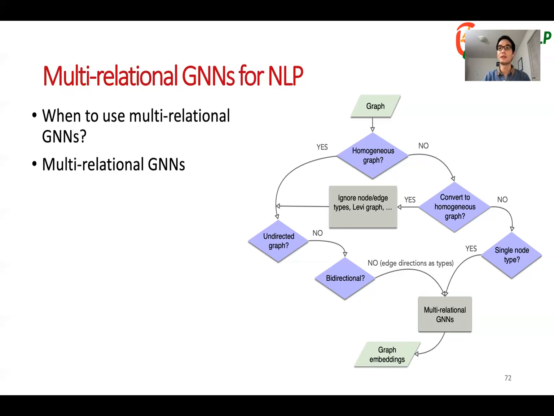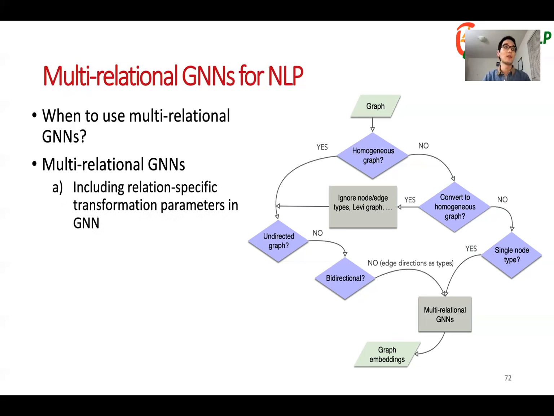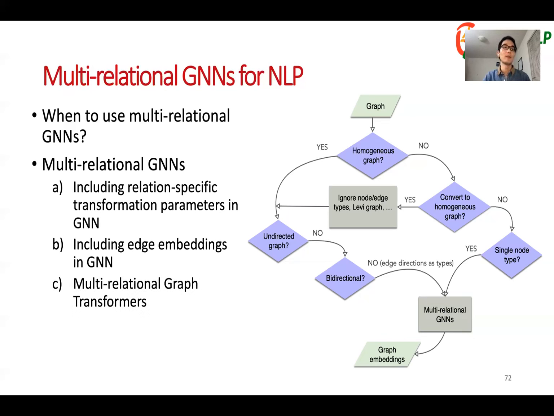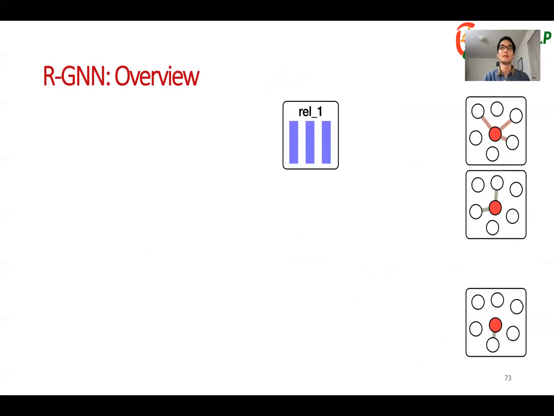And multi-relational GNNs have various types of architectures. We summarize three common variants, which either include relation-specific transformation parameters in GNN, include edge embeddings in GNN, or are multi-relational graph transformers. So RGNN is the most common variant, which works like this.